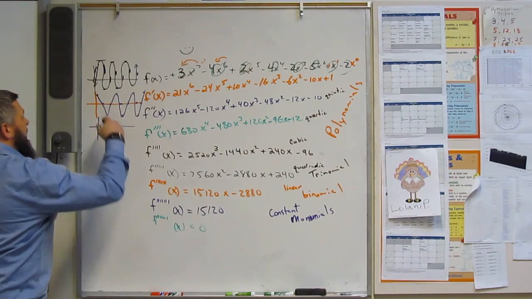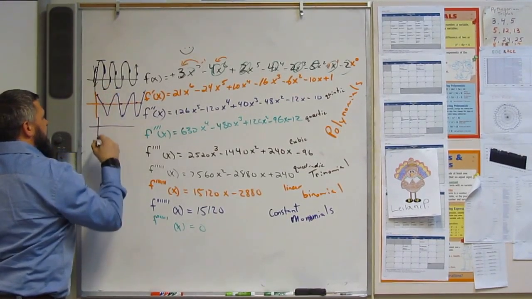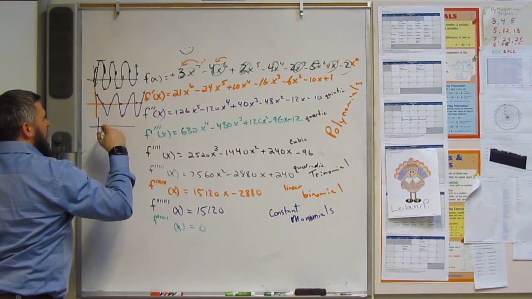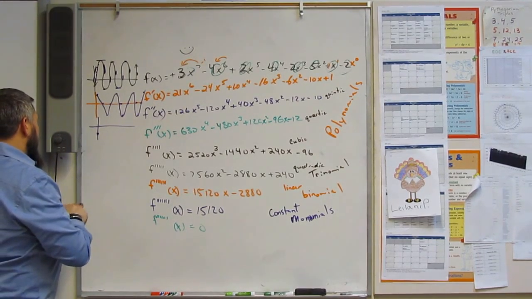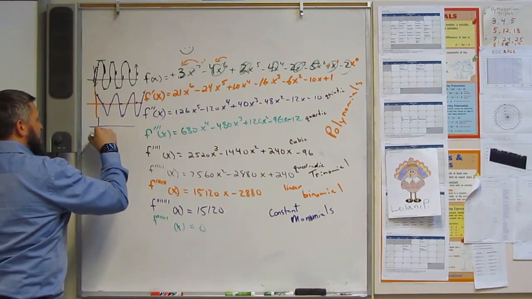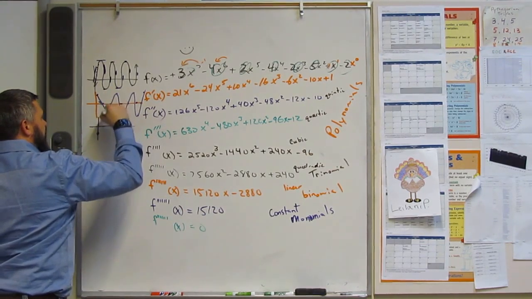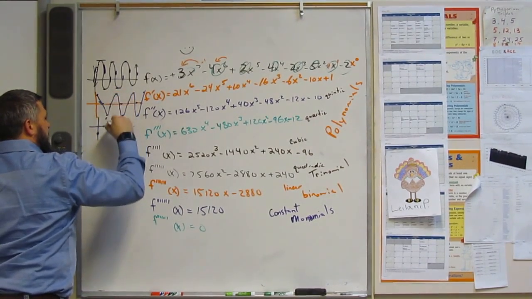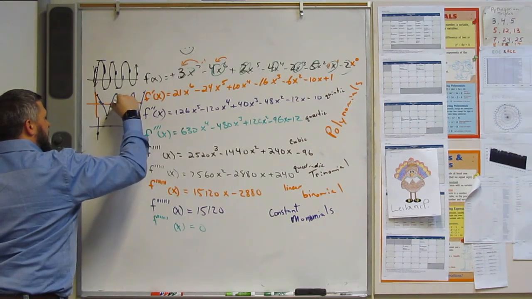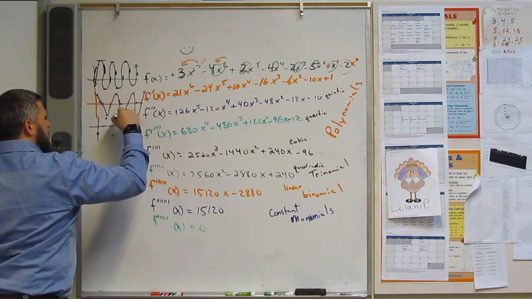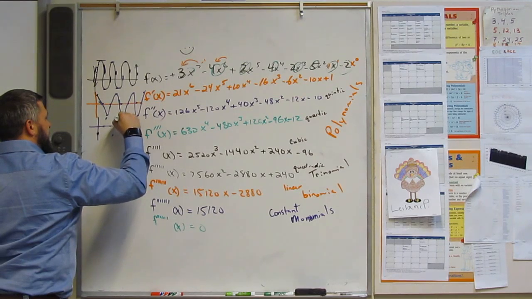Alright, so now we do it again, and this is negative, right? Oh, I guess I'll use green. Negative, 0, positive, 0, negative, 0, positive.